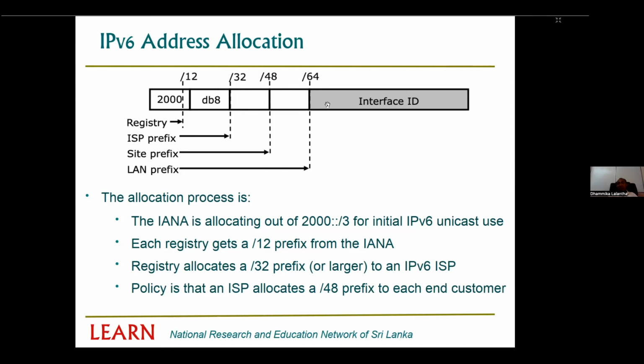We can't assign a subnet with /65 or /66 and so on, though we can do it in IPv4. In IPv6 it is not allowed or recommended. So that is the most standard way of allocating IPv6 address space from the registry to our LAN network.